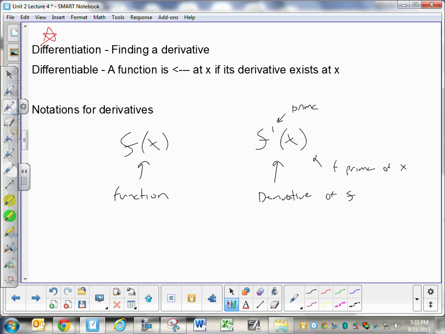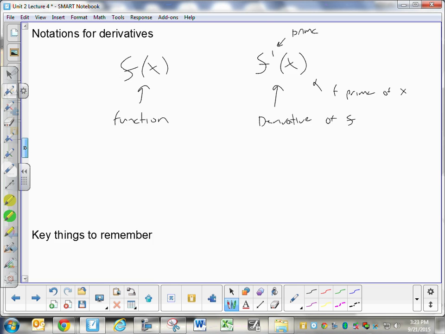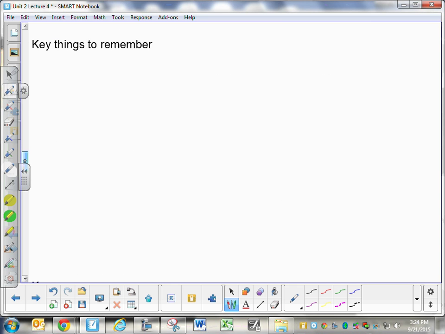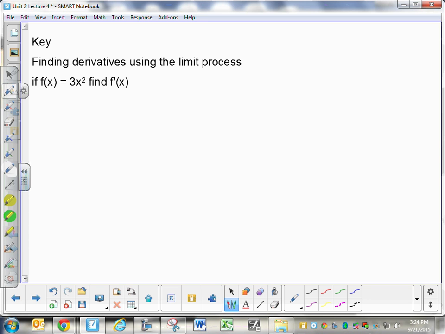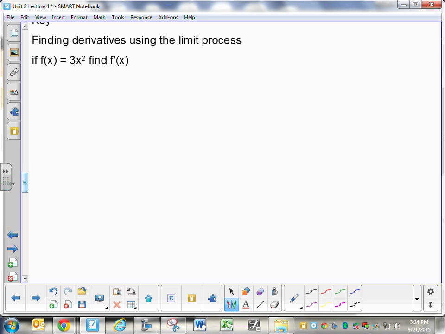All right. Let's do an example. Let's use this magical formula that Mr. Messner keeps talking about. Okay. If f of x is equal to 3x squared, I'm not going to say find f prime of x.